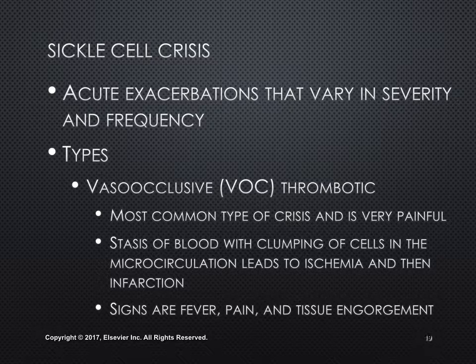What we get is stasis of the blood with clumping of the cells in the microcirculation, and that leads to ischemia, and that leads to infarction. The signs of this are fever, pain, and tissue engorgement. When you look at their joints, especially, you will see just a lot of swelling. They don't want you to touch their hands, things like that, because it's so painful in the areas that are affected.